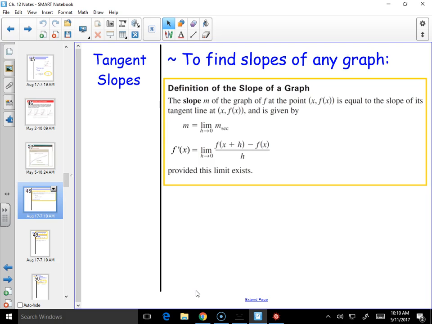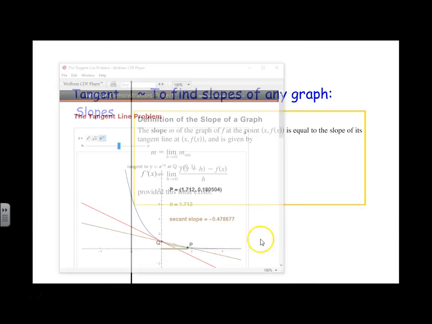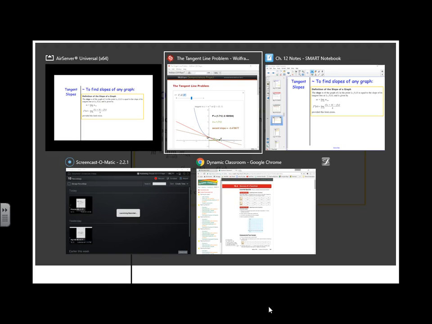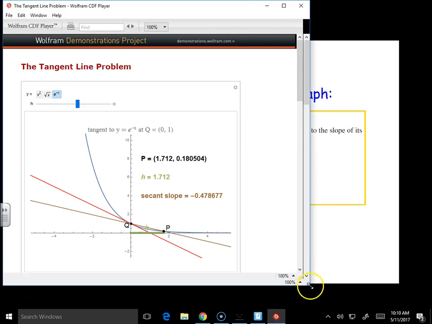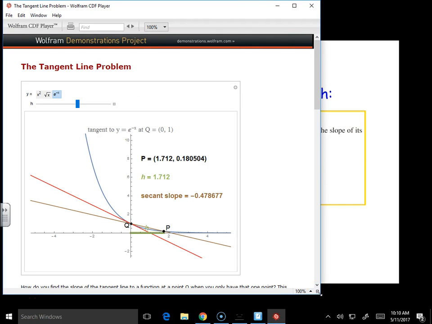Let me show you a quick illustration using a demonstration. Has anybody ever asked Siri a math problem? You should try. She's actually pretty good at math. Do you know why? Not that she's a computer.